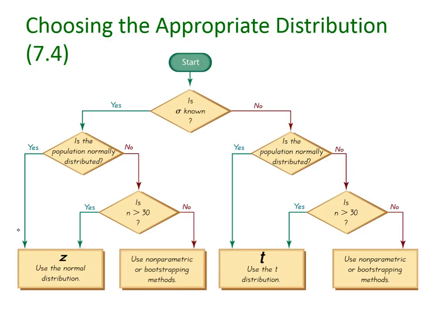If my sample size is not larger than 30, then I have to use some other method, the non-parametric or bootstrapping method. We're not learning about that this semester. So if you don't know the population standard deviation and your sample size is too small, then we just can't do it at all. For this point in time, we would just say, I can't calculate that.